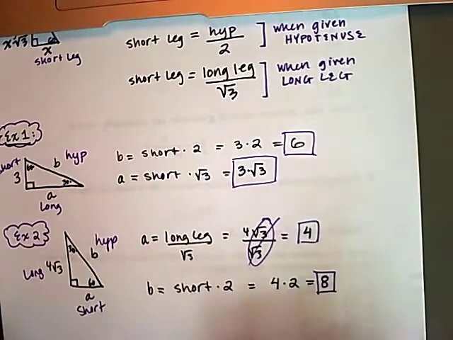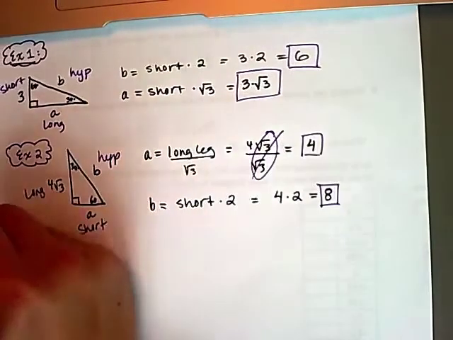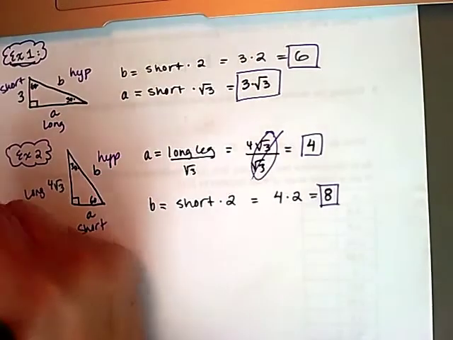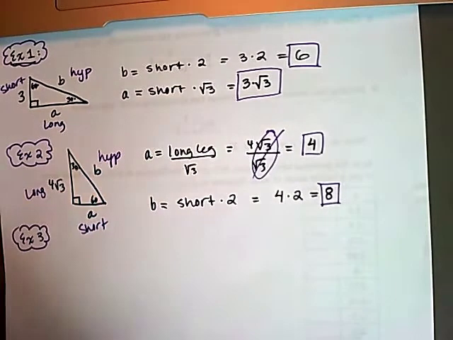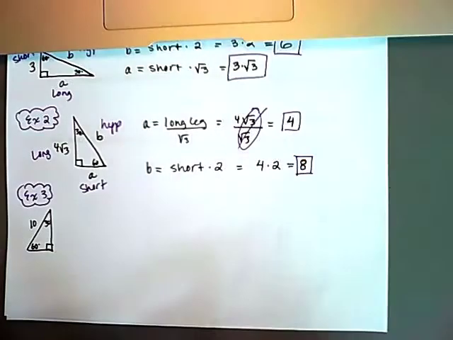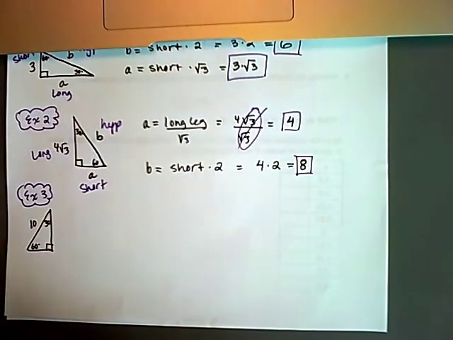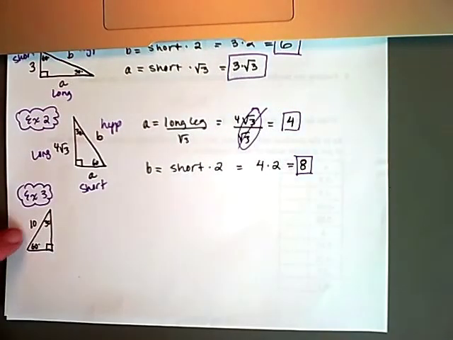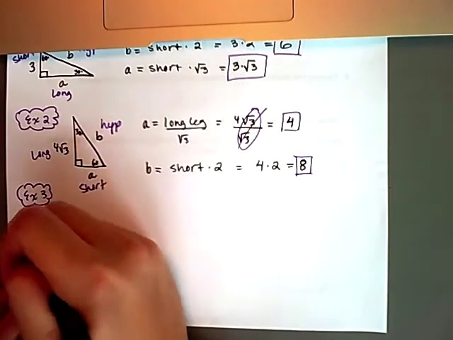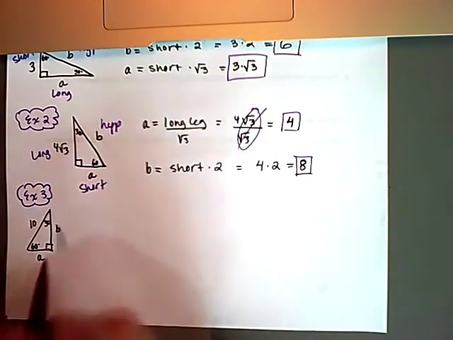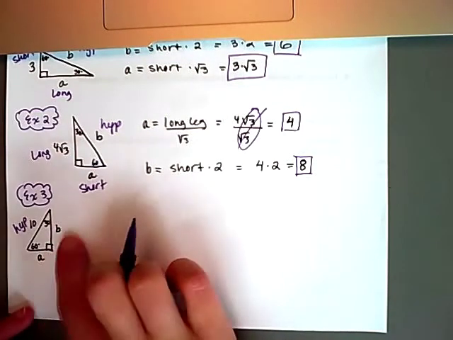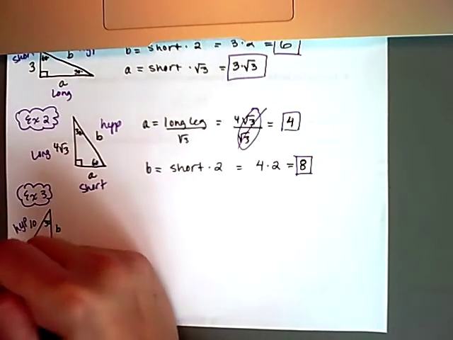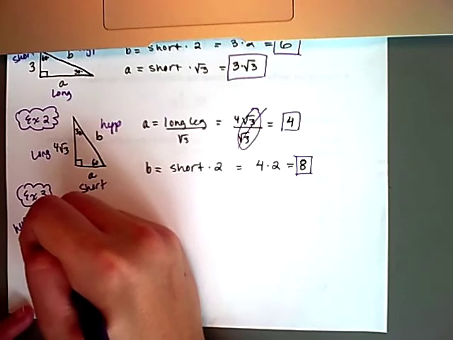I'm going to do one last example. In the third example, we're given the hypotenuse and we're trying to find the two sides. So again, this is the hypotenuse. Looking at these two sides, I know this is the short side and this is the long leg.